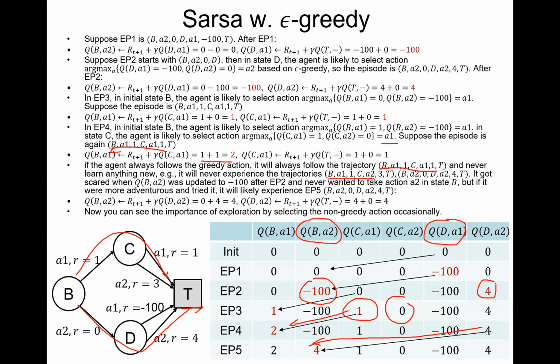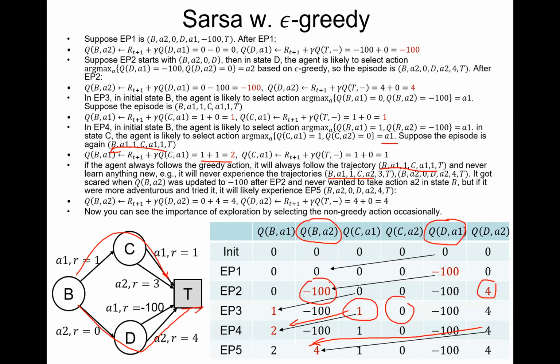But because of the update sequence, it's a sequential update. First you update QB, then QD. This value of 4 is not propagated to QBA2 yet. So QB thinks that taking action A2 is really bad, so it's very unlikely to try A2 again in the future.